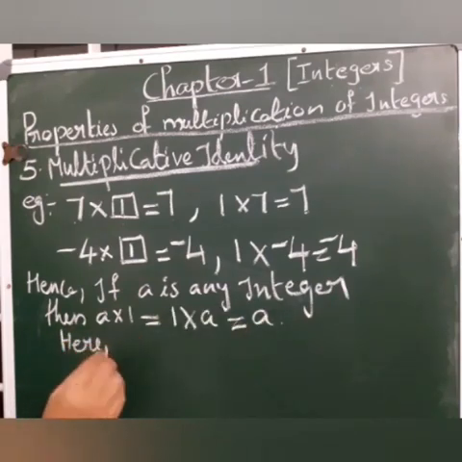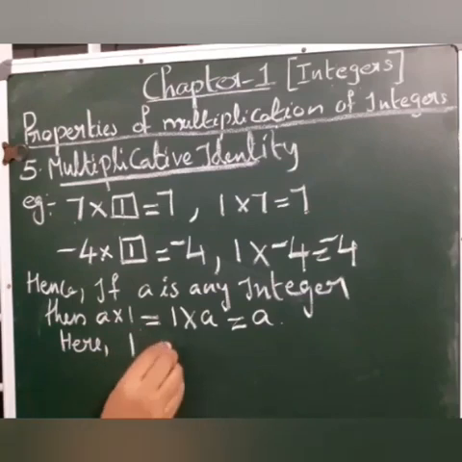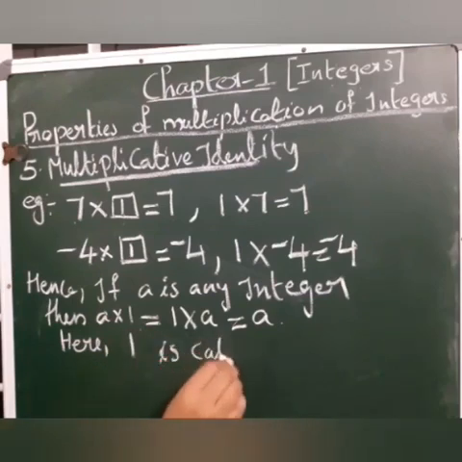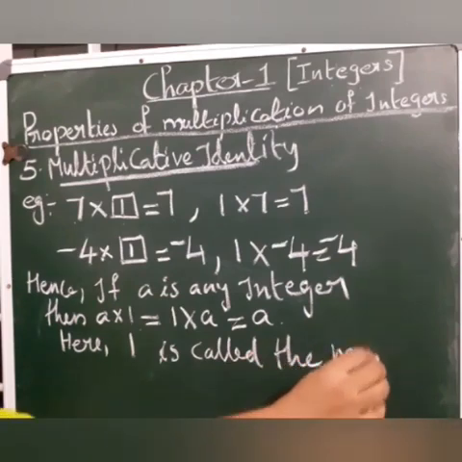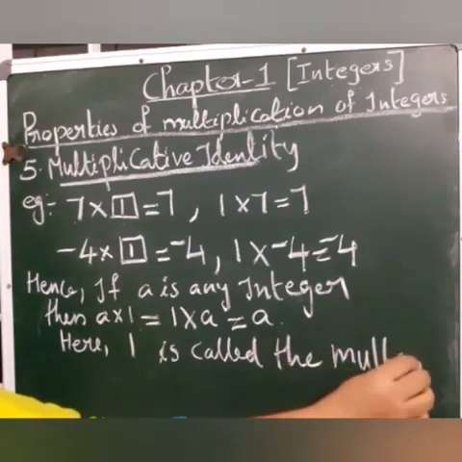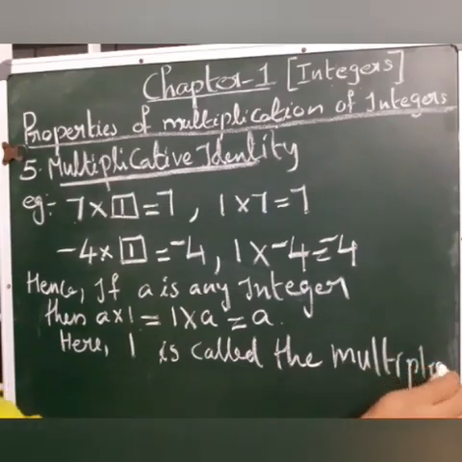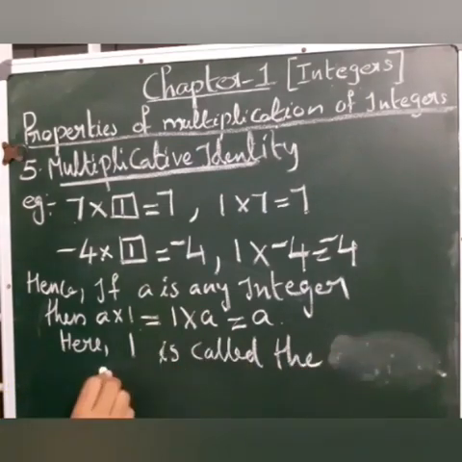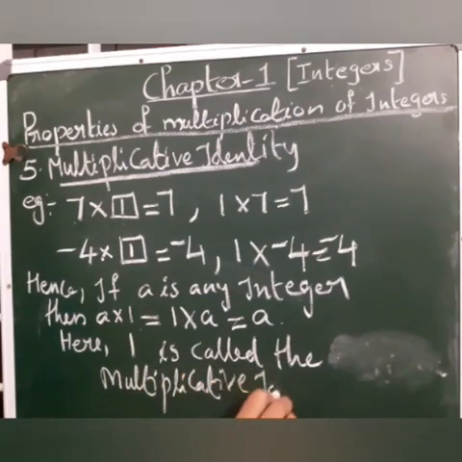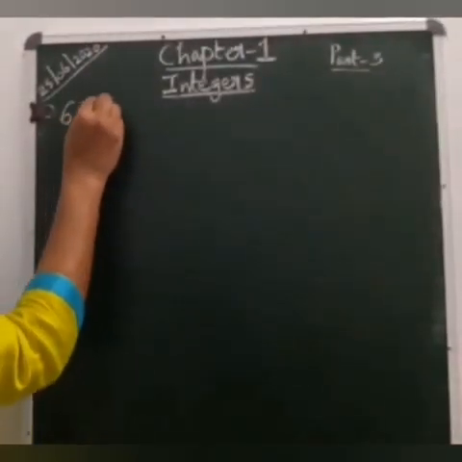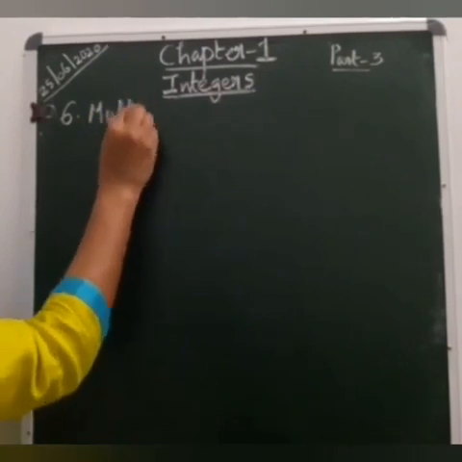Here, the integer 1 is called the multiplicative identity. Next, multiplicative inverse.